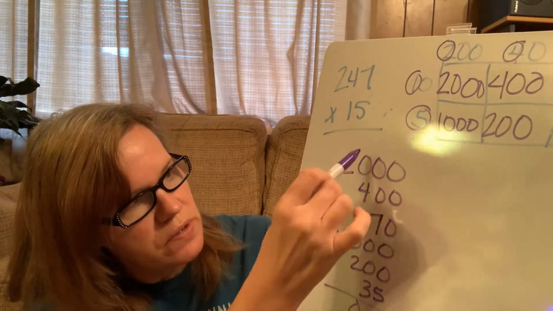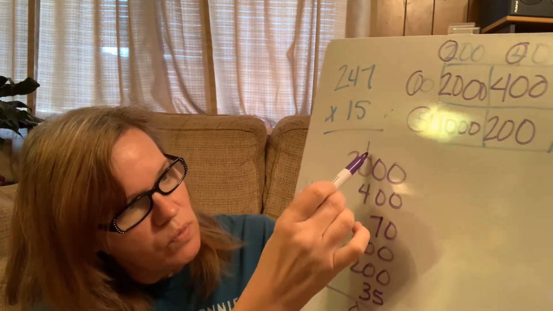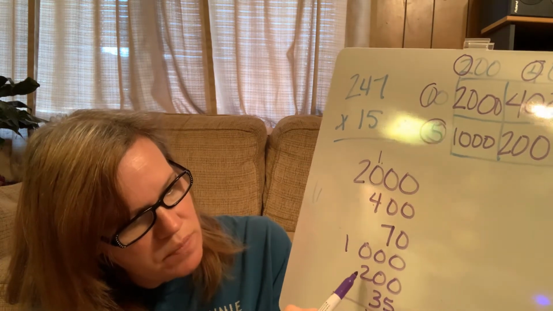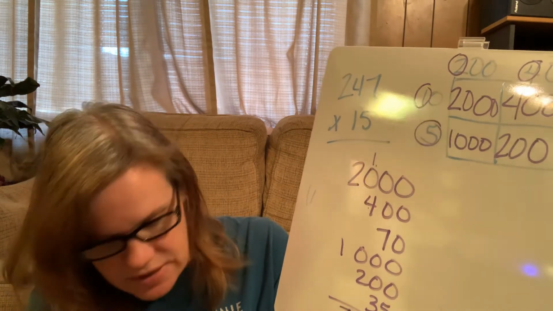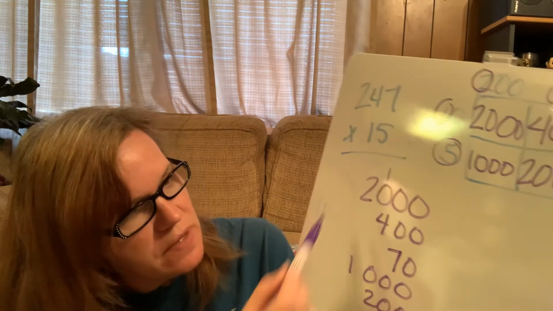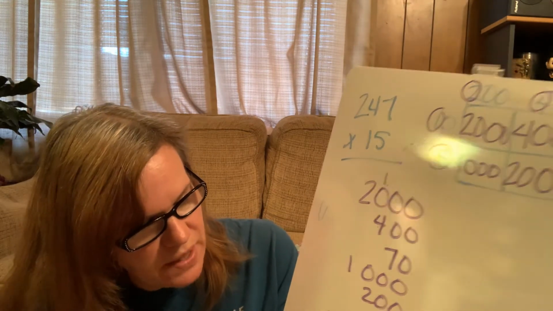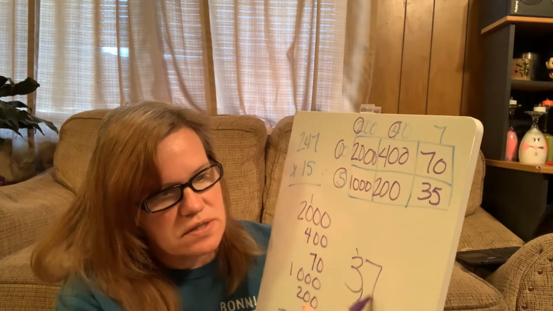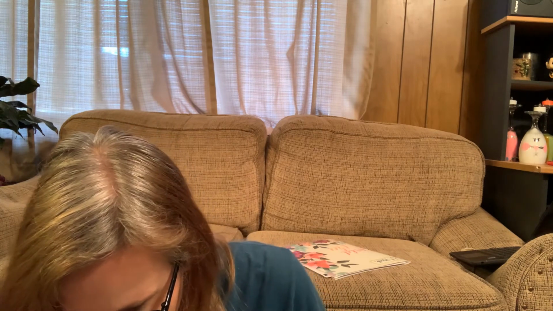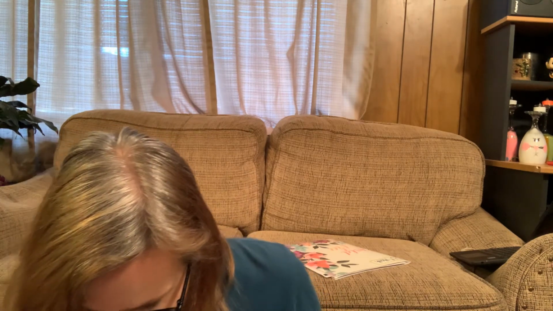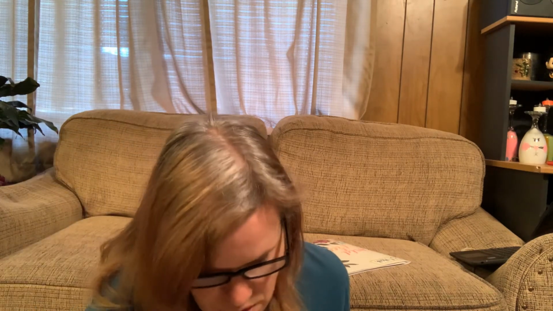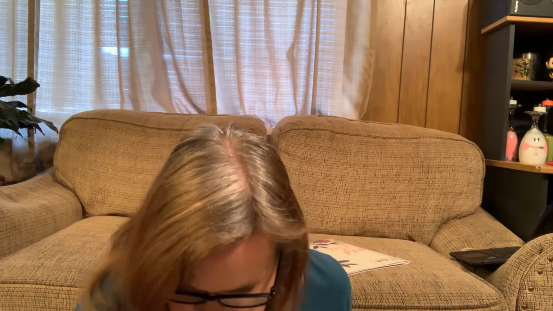So write the 0, carry my 1. 1 plus 4 is 5, plus 2 is 7, right? And then 2 plus 1 is 3. So my answer is 3,705. Okay?